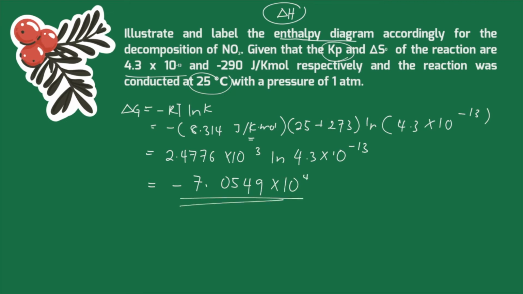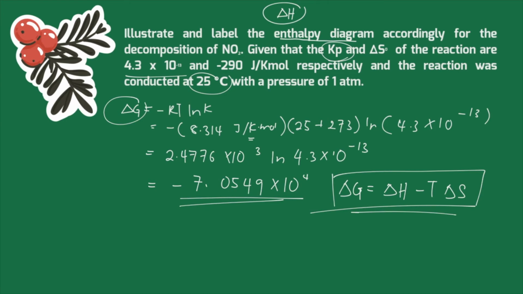Right. So from here, we are going to use your delta G value to calculate your delta H, whereby your delta G is equivalent to delta H minus T delta S. So we are going to do the second calculation after this.